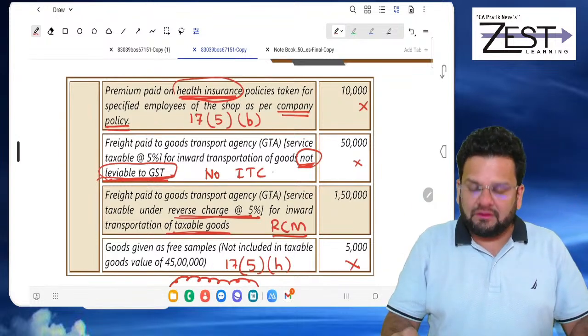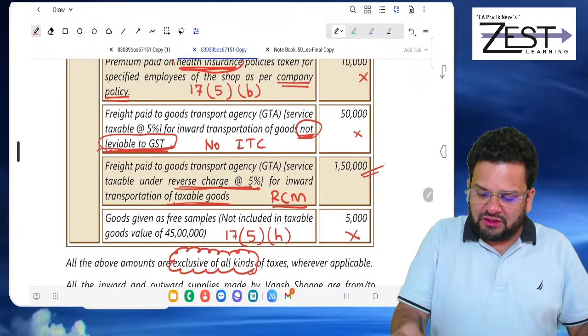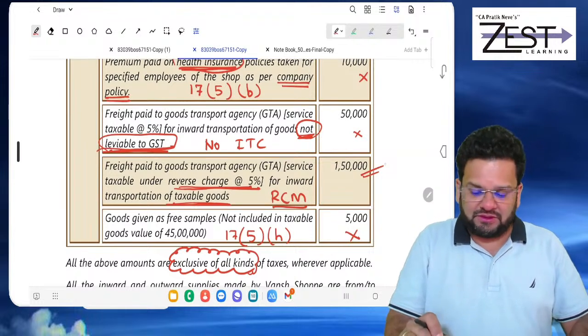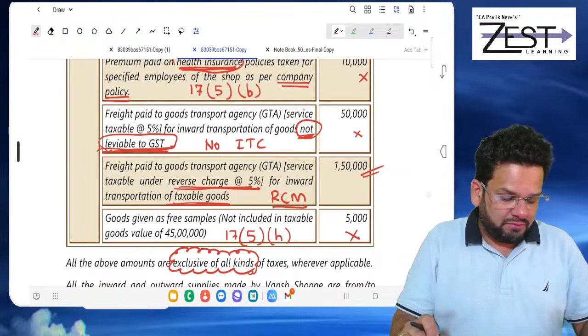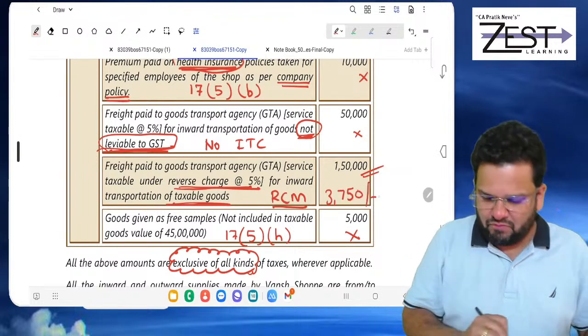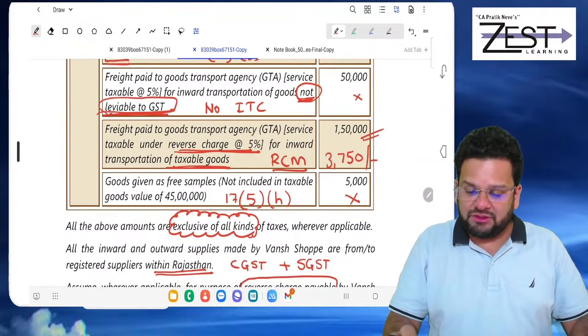Okay, and then next you have, yes, on this 1,50,000, it will be at 2.5%. So 1,50,000 into 2.5%, 3,750. Okay, and you know in this case it is not available, it is blocked.